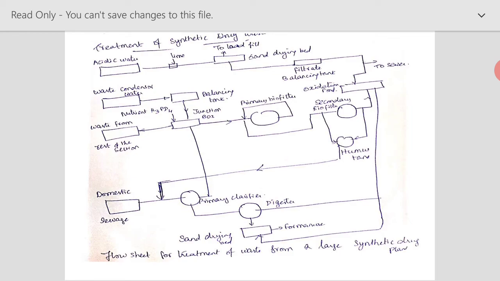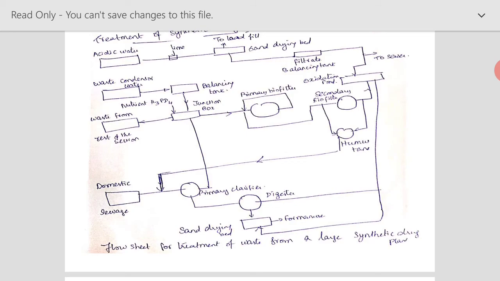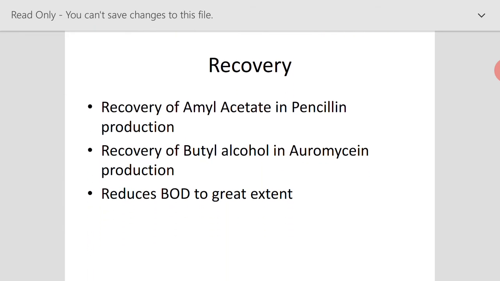That is one way of reducing the waste for treatment. And the other one is the recycling of the wastewater. And the third important thing is we can go for recovery in this medicinal waste, so that we could gain more and more useful products from this, as well as reduce the pollution potential of this particular industry.